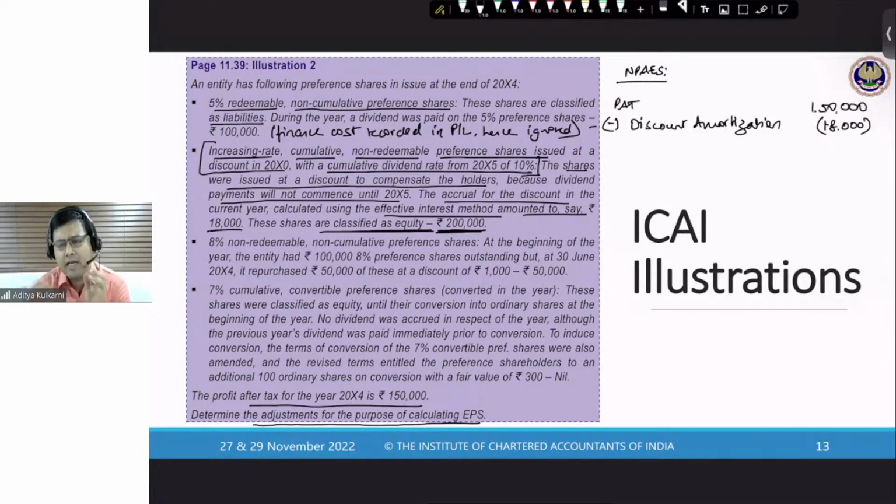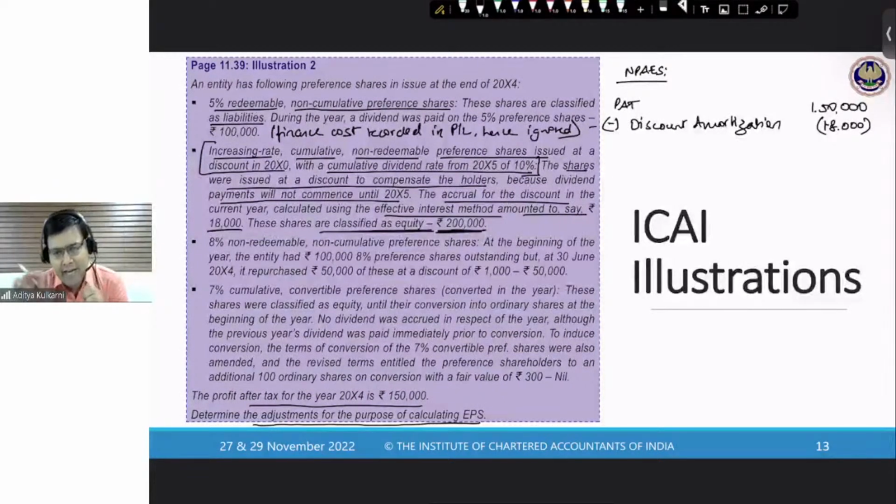Acha, there is one small, I'll not call it an error, but there is some problem with the way they have worded the particular standard and the illustratives, and that impact has flown in this particular illustration as well.